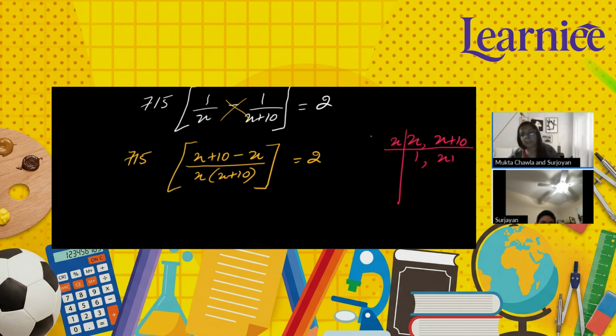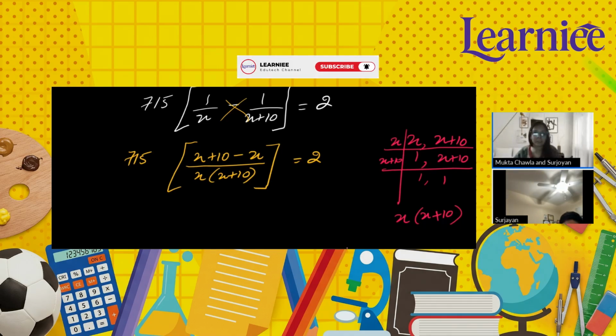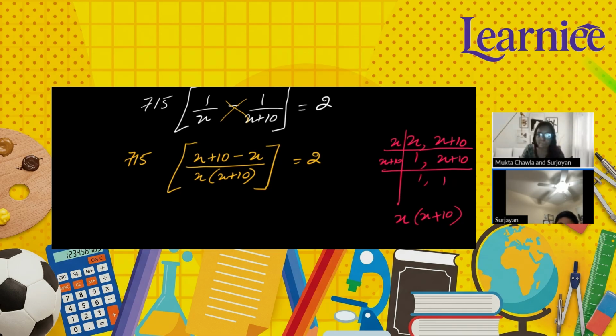The first is x and the second would be x plus 10, right? So what would be the LCM? x into x plus 10. Is the pink part visible to you? Okay. If there is any other doubt, you can ask me, right? Have you understood the numerator? Okay. What about the denominator? What we did? Okay.